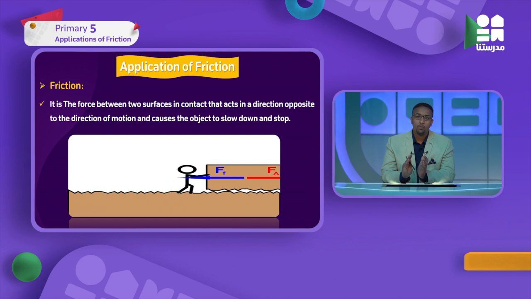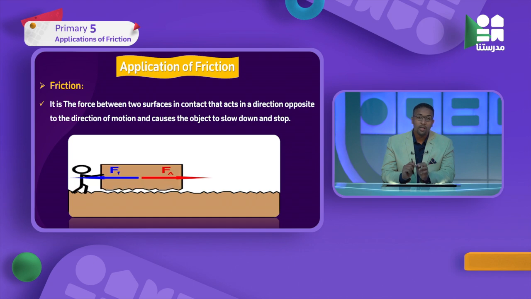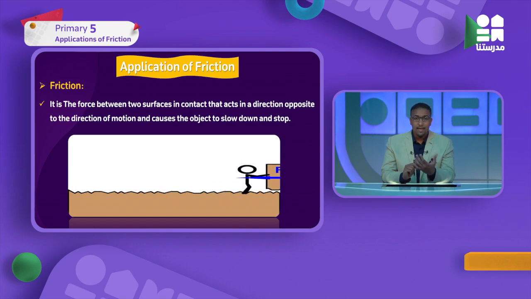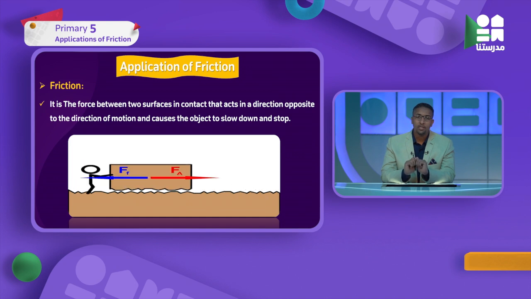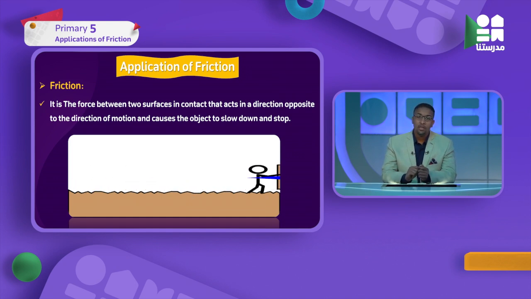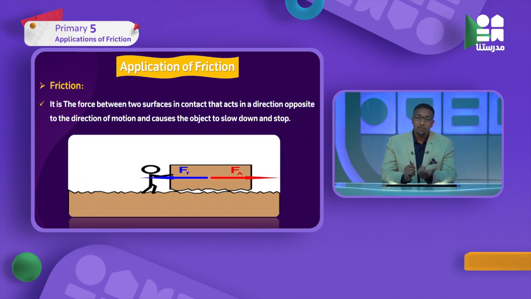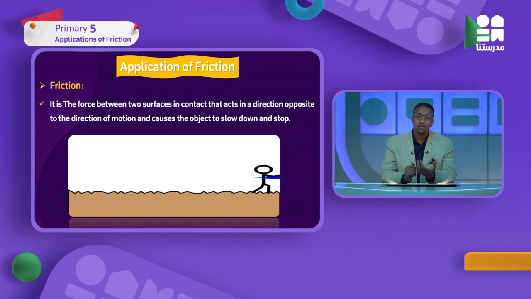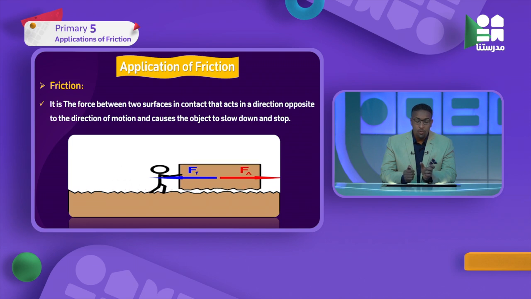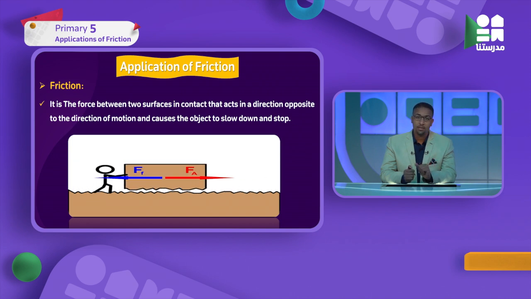We have two surfaces, عندنا سطحين لمسوا بعض، فأكيد هتنشأ بينهم friction force أو قوة احتكاك. لازم نلاحظ إن عندنا قوتين: the movement force، القوة اللي الشخص ده بيزق بيها الصندوق، وفي friction force. طيب إيه الدايركشن بتاعهم؟ The friction force acts in opposite direction, بتعمل عكس اتجاه الحركة. إيه اللي بتعمله تاني؟ And causes the object to slow down and stop.